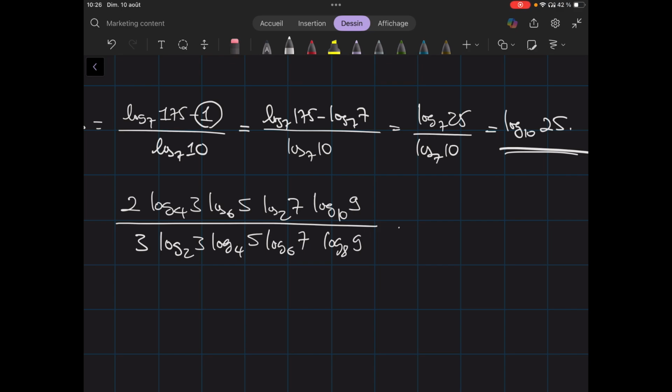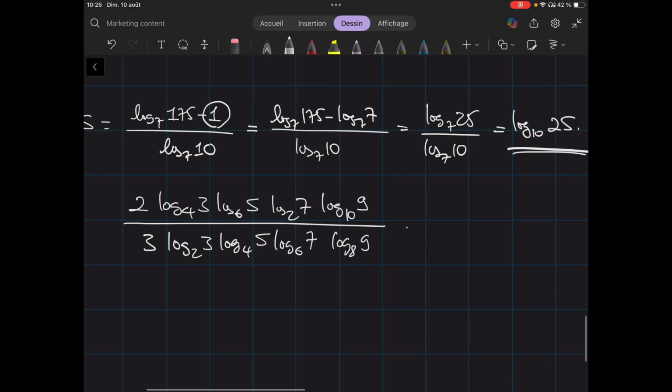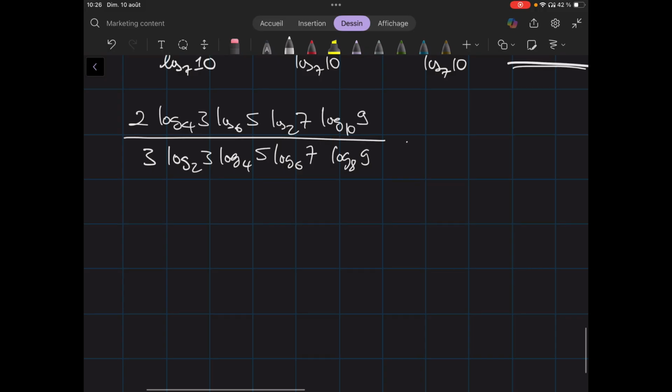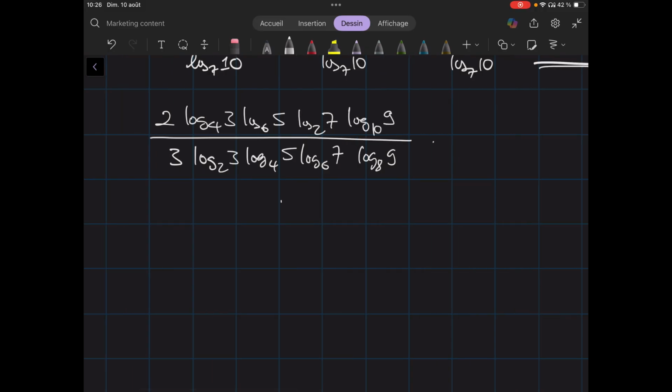Honestly, this looks very annoying. So what I am going to do is put all of them into the denominator. I'm going to keep a 2 up there. Log base 4 of 3, that's 1 divided by log base 3 of 4.